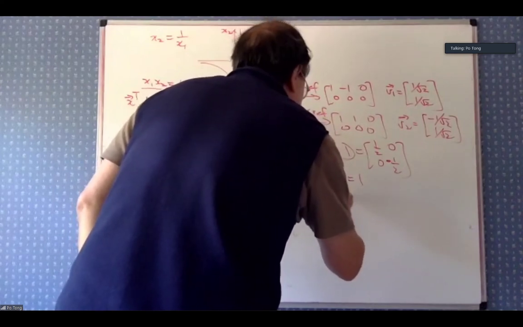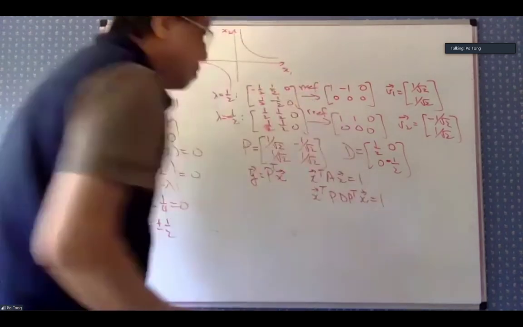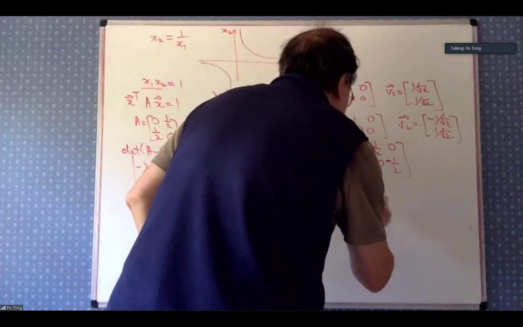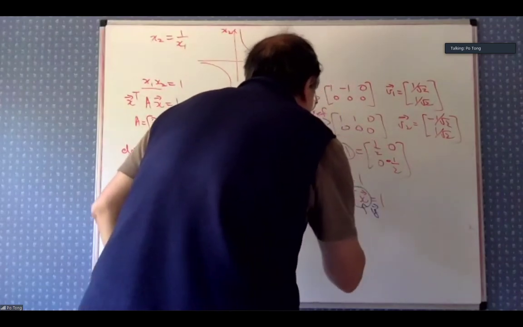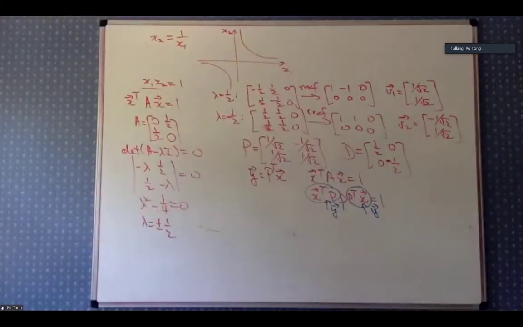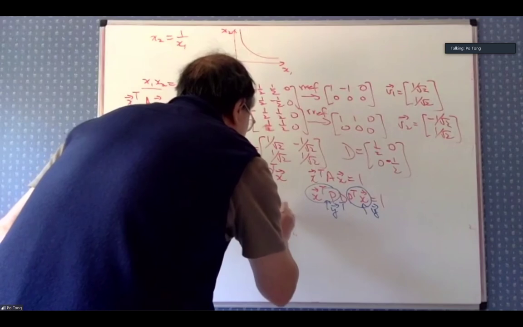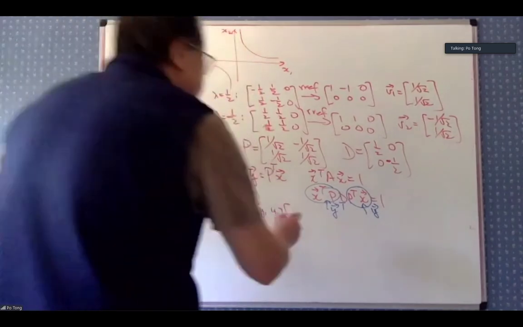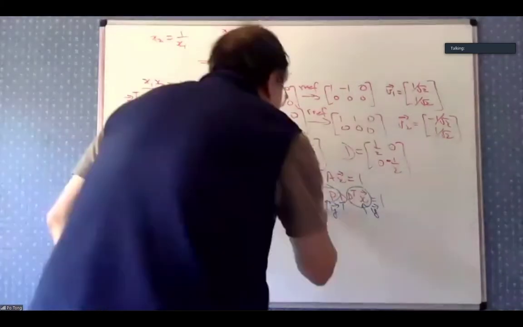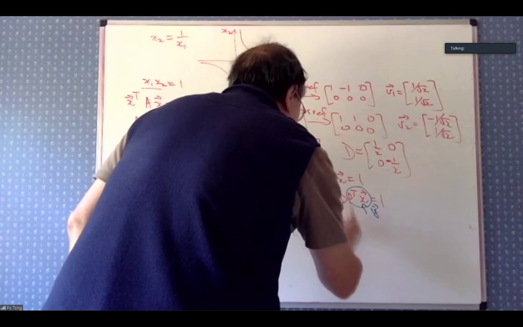But A is PDP transpose. So this one is Y, this one is Y transpose. So I end up with Y1, Y2 here, D is this guy, Y transpose equal to 1.